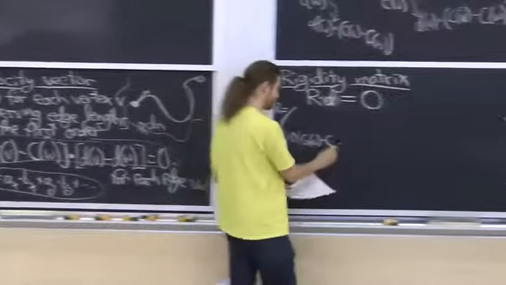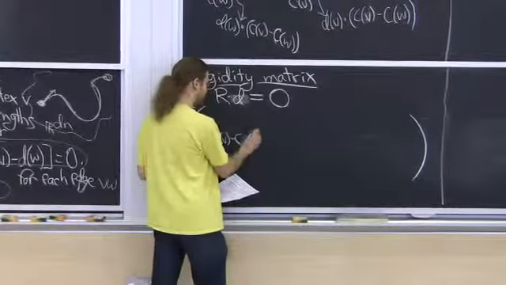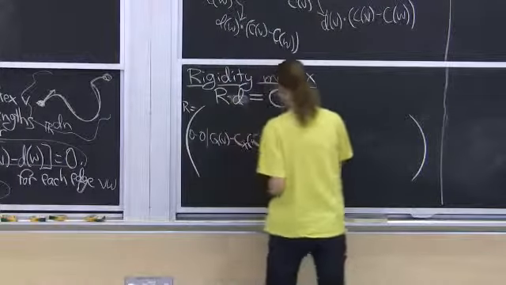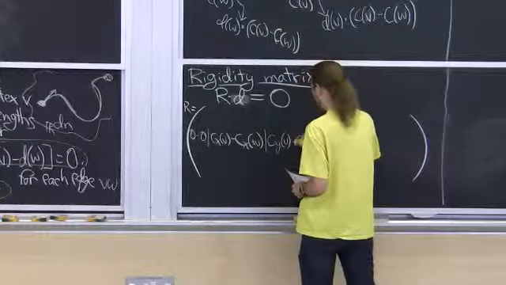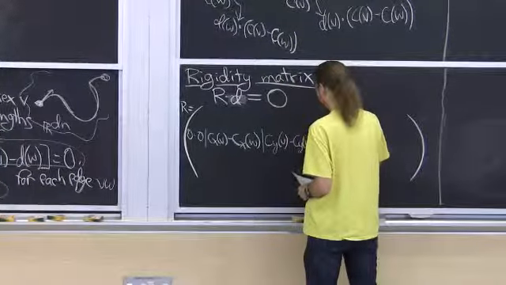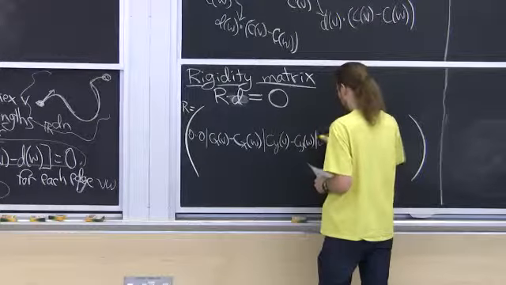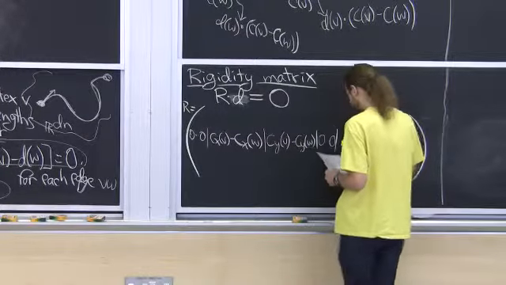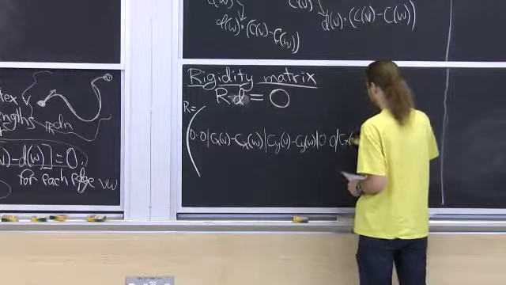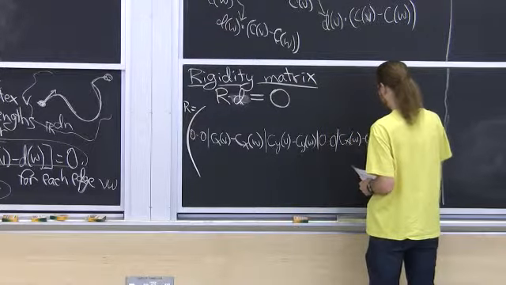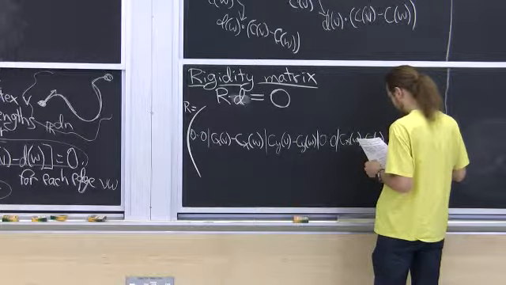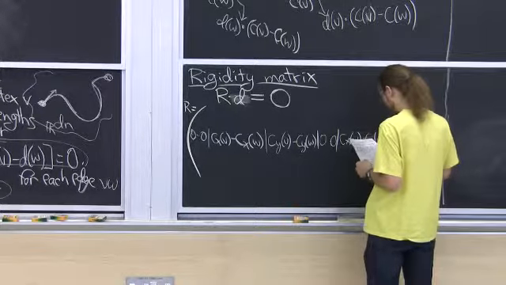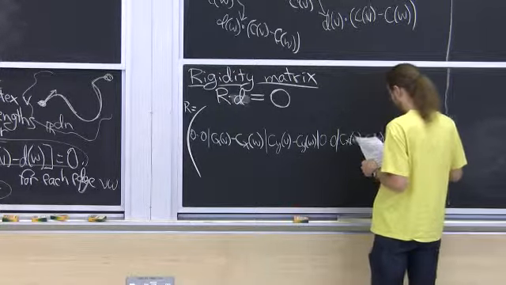There's 2 parts to all of these vectors. In 2 dimensions, it'll look something like this.